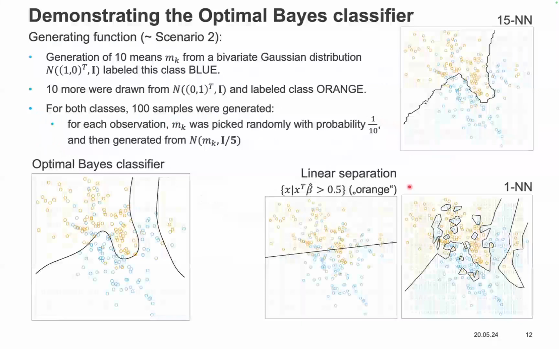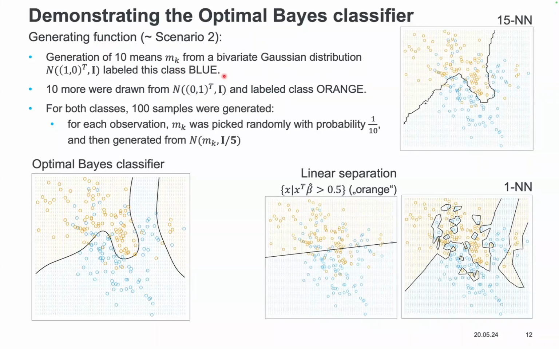So let's look at such an optimal Bayes classifier. Let's look at a scenario to make this a bit more transparent to you. So we assume here that we know how two different classes, a yellow class and a blue class, generate data instances.